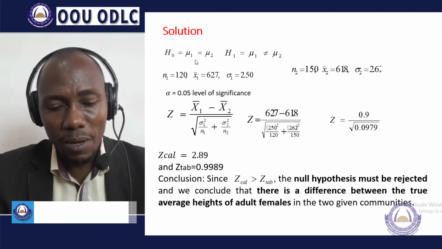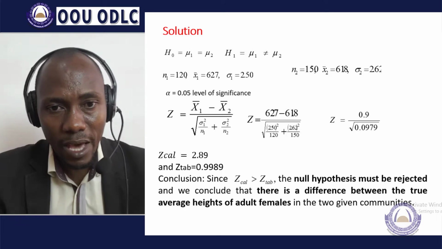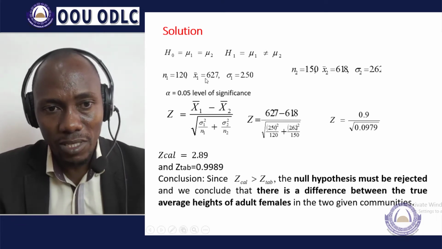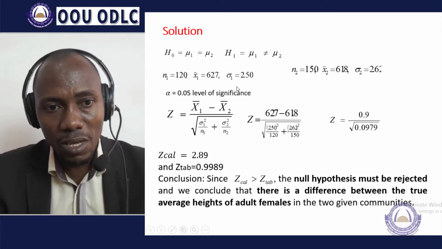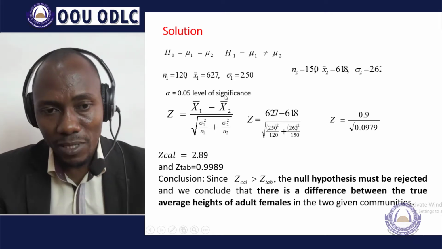The appropriate parameters have been given here for the first population and for the second population. The significant level is 5%.